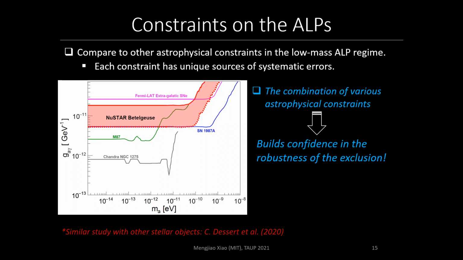There are stronger limits derived from the lack of spectral variation observed by Chandra in NGC 1275 and in a report on M87. One point we want to bring up here is that each astrophysical constraint has its own unique sources of systematic errors. But the combination of various astrophysical constraints builds confidence in the robustness of the axion at this mass corner.